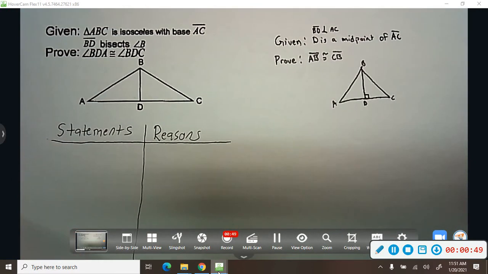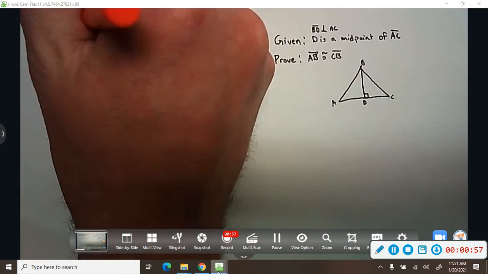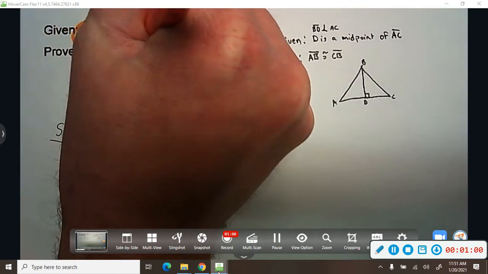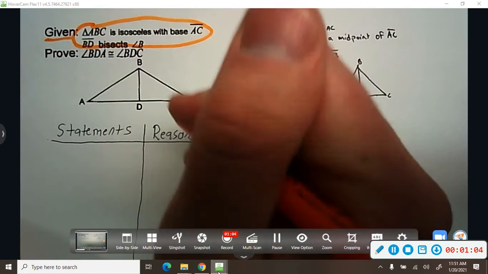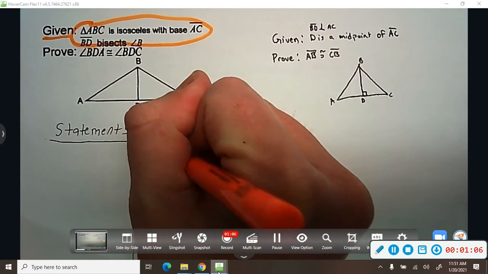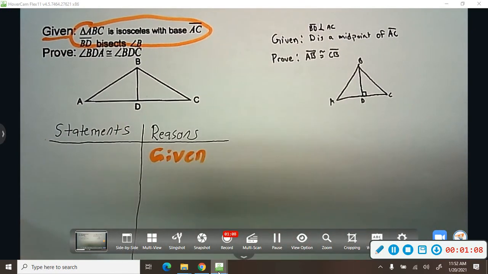Now, just like in English class, you're going to have an introduction, a body, and a conclusion. Your introduction is always the given. So you're going to copy this part now. And what's the reason? It's a given. So I'm going to copy that part down.